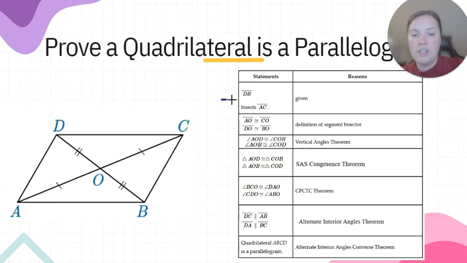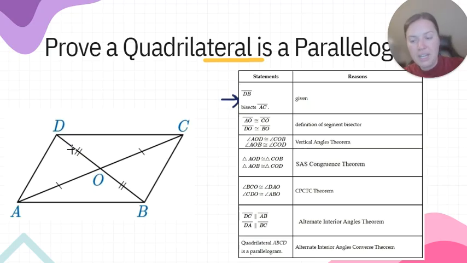So we are given this example where DB bisects AC. That is given information. By definition of a segment bisector, we know then that we have these congruent sides, or congruent segments, that are split by our other segments.